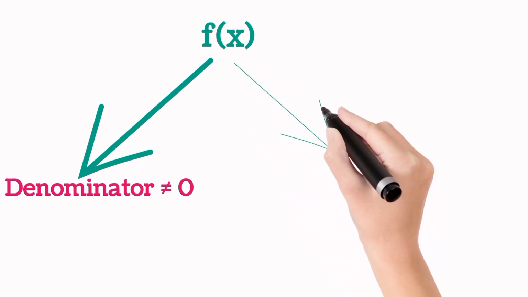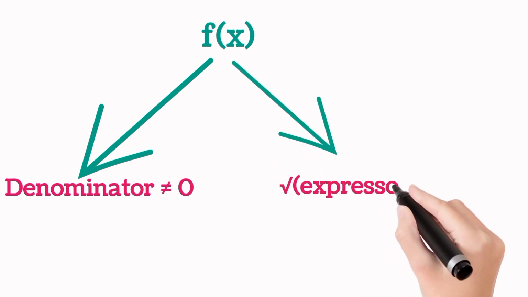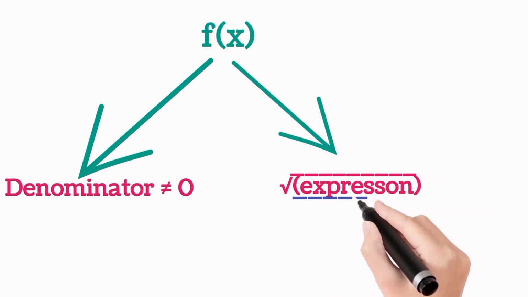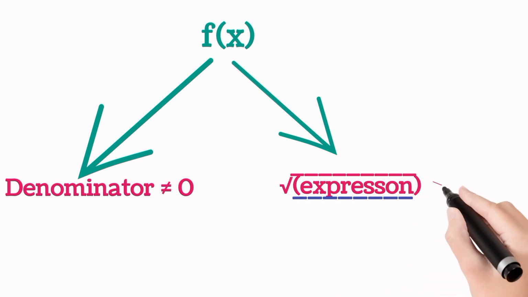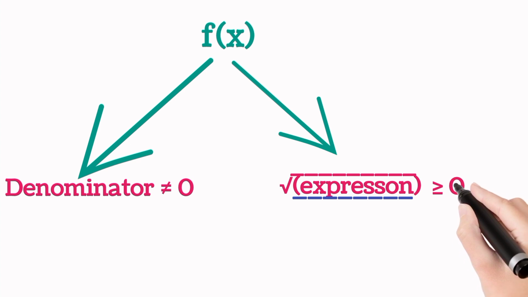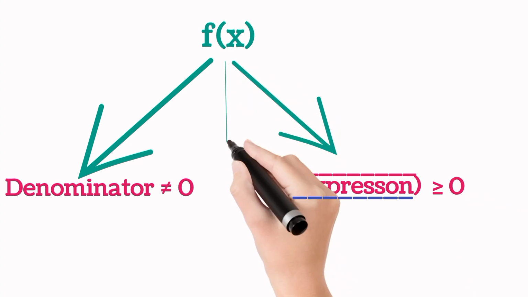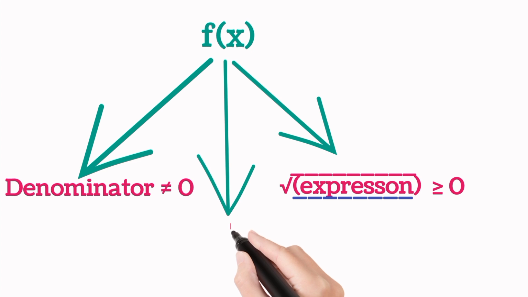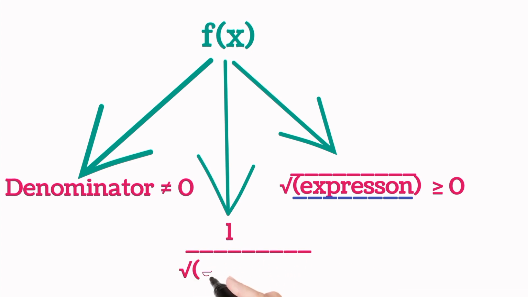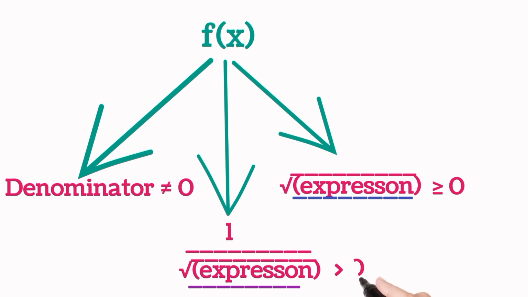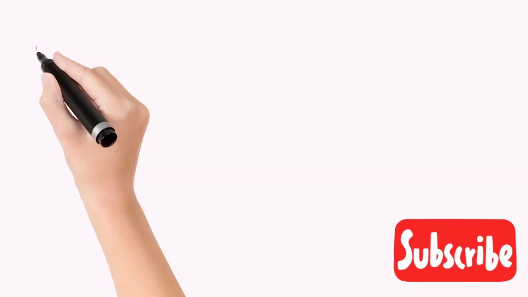Also, if we have a square root in the function, then the expression in this square root can't be negative, or it should always be greater than or equal to 0. And third one is, if we have an expression in the square root in the denominator, then this expression should always be greater than 0. So to make it more clear, let me take some examples.